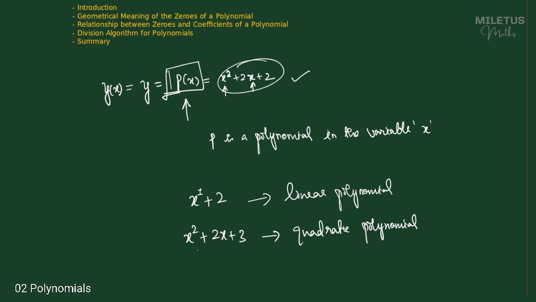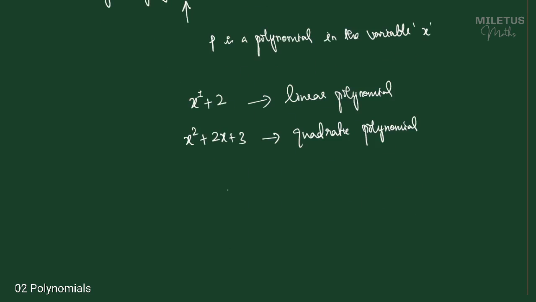And similarly, suppose we have a cubic term, in other words, a power of x cube plus, let's say, 4x square plus 2x plus 3. You see here the highest power appearing on the variable is 3. So we're going to call this particular polynomial a cubic polynomial.